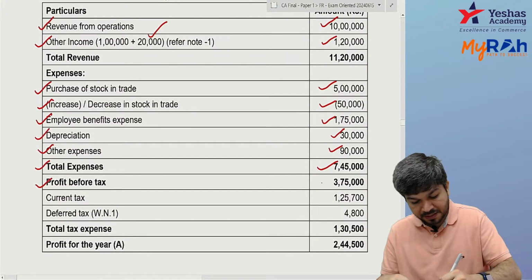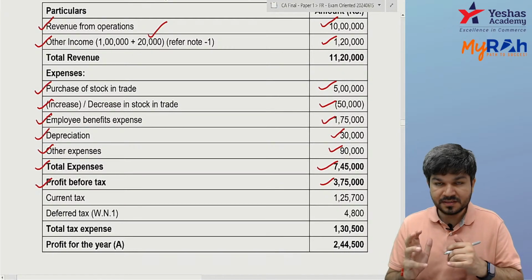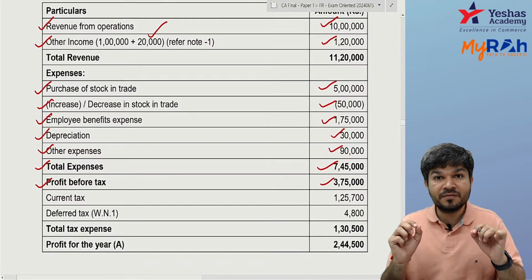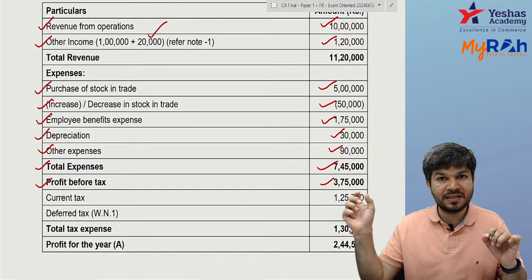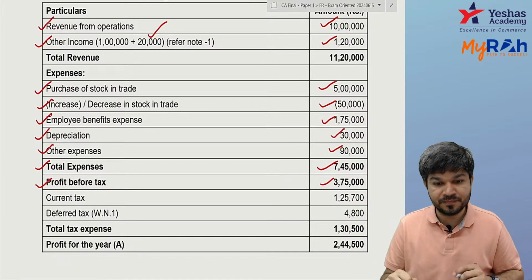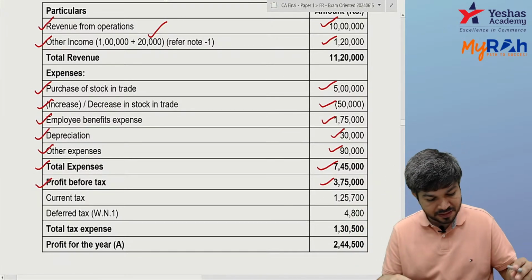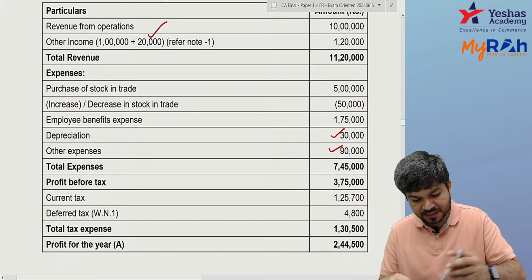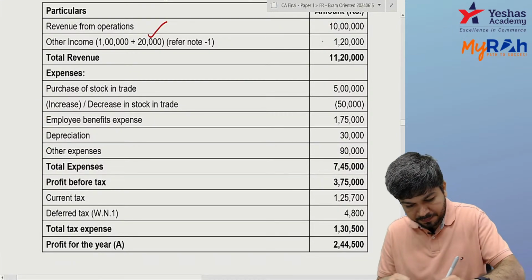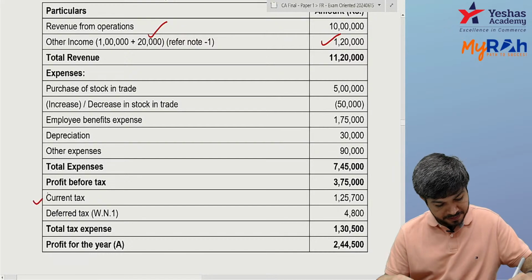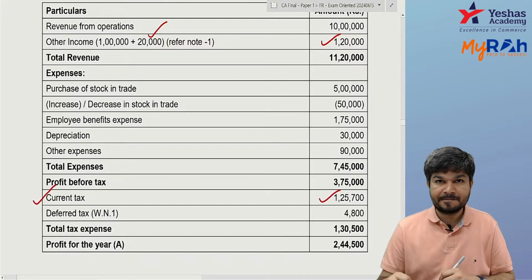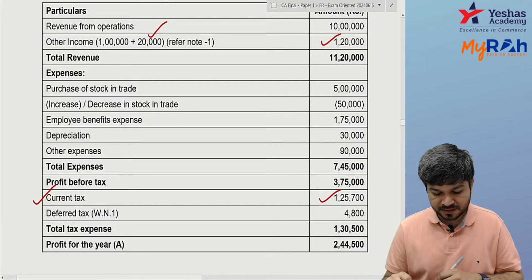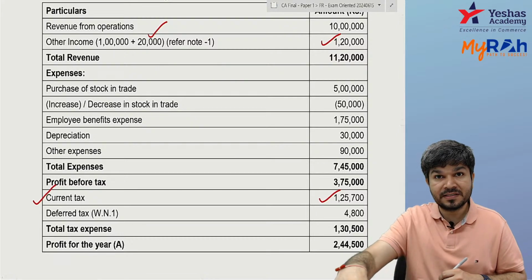And now your PBT is coming to this. Your correct provision for tax is not 106,500, it's 125,700. I just highlight the things which are actually changing rather than ticking everything. Here, current tax has changed to 125,700.